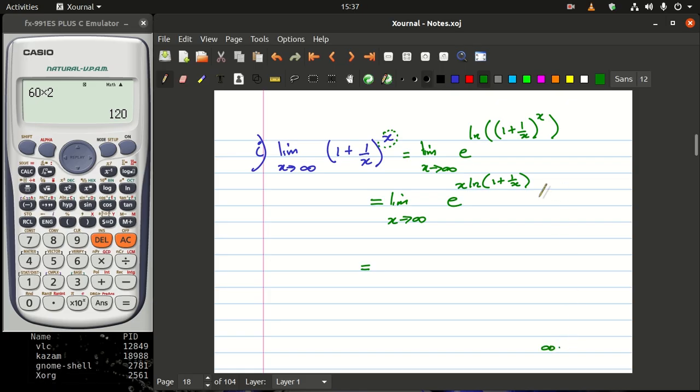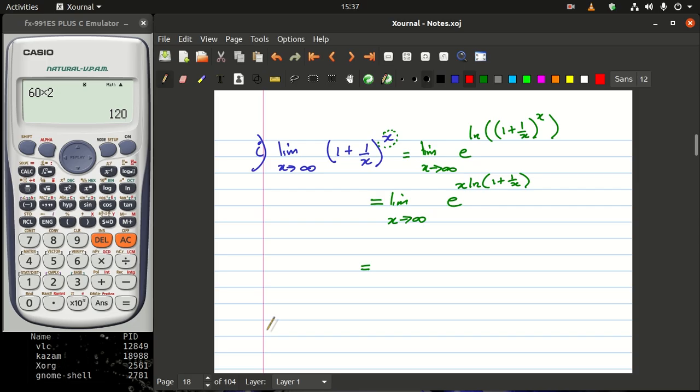infinity times, if I'm plugging in infinity here, I will get 1 over infinity. Let me write this down so that you can see. If I'm plugging in here, I'm talking about the exponent alone.